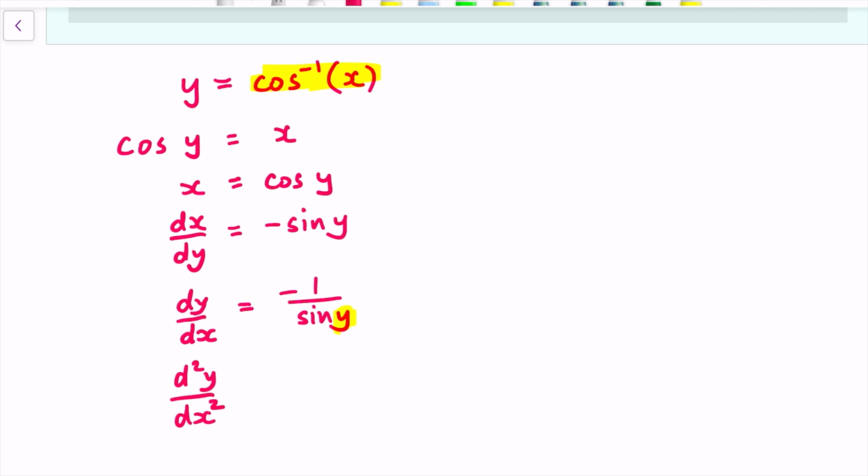I don't want to use the quotient rule for that if I've just got a constant at the top. So I can rewrite this as negative sine y to the -1. And then use the power rule and chain rule to differentiate, bearing in mind that I am differentiating with respect to x.